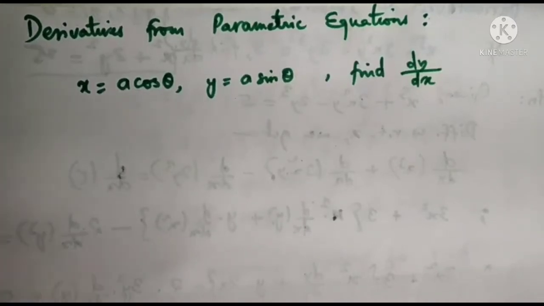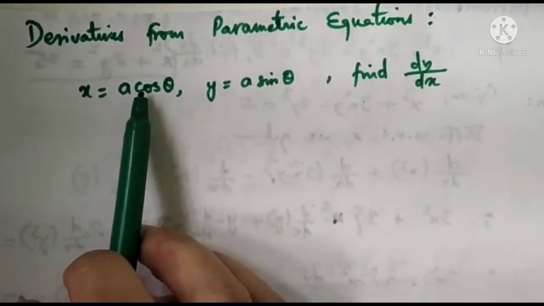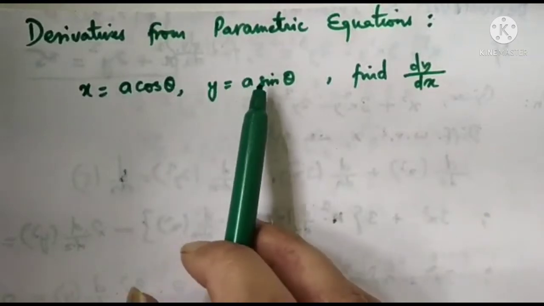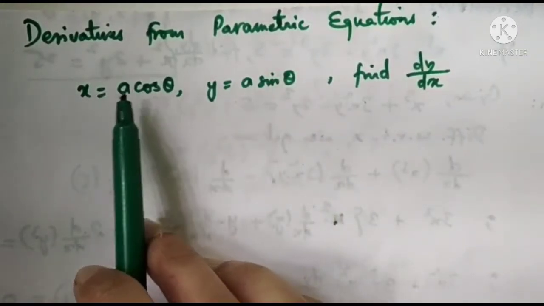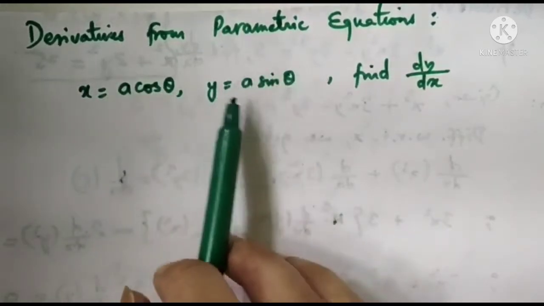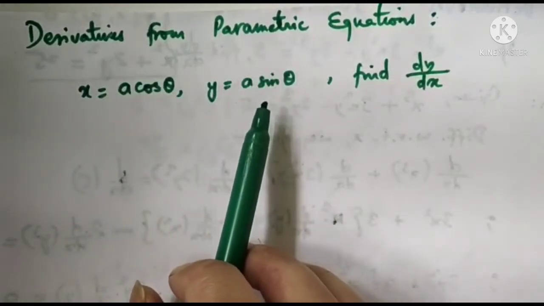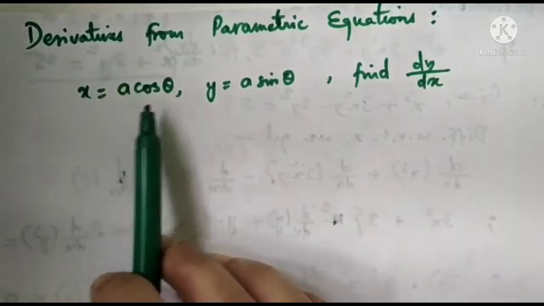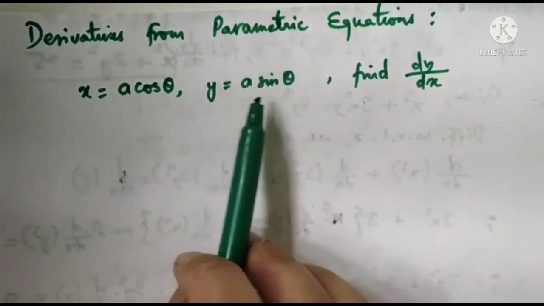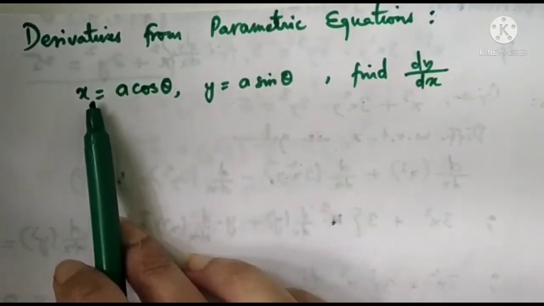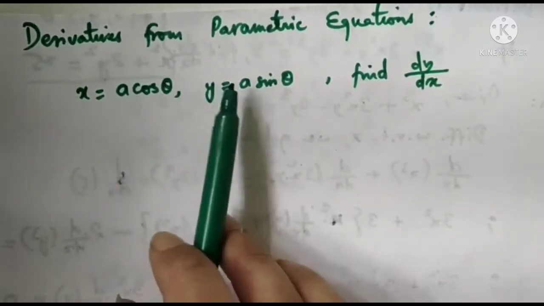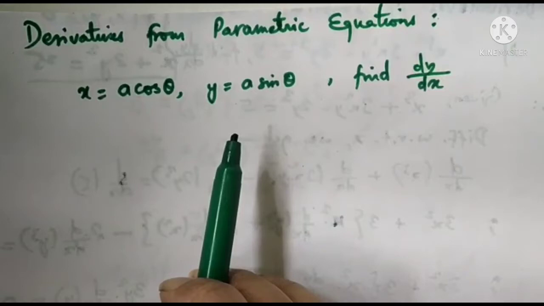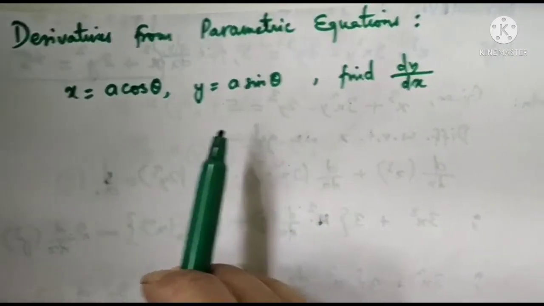Since my equation contains x equal to a cos theta and y equals a sin theta, there is no way of finding dy by dx by differentiating any one of these equations directly. Isn't it? You cannot find dy by dx from here. You cannot find dy by dx from here. Obviously, x is over here, y is in the second equation. You have to combine the two equations in some way to find dy by dx.